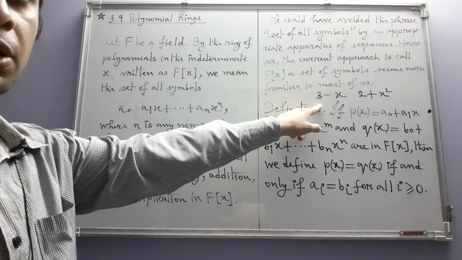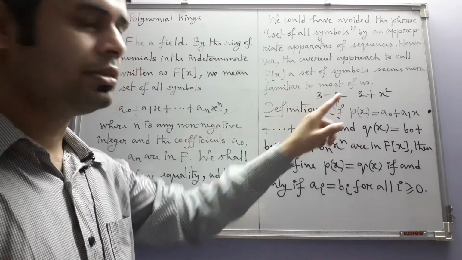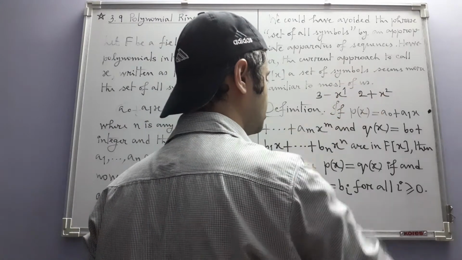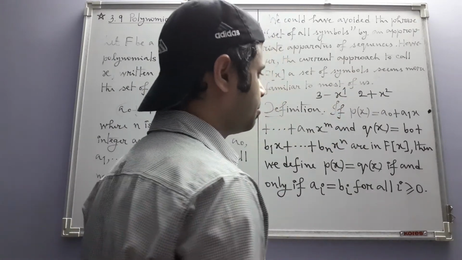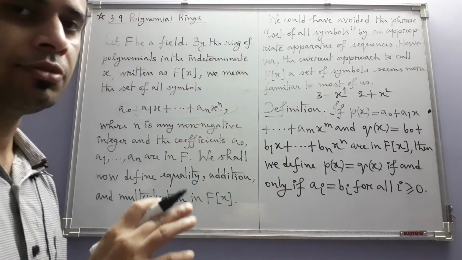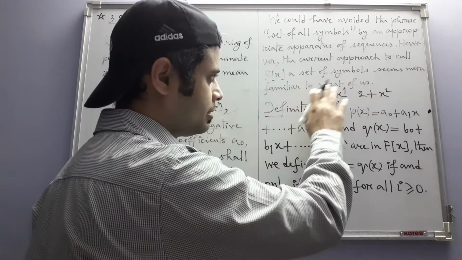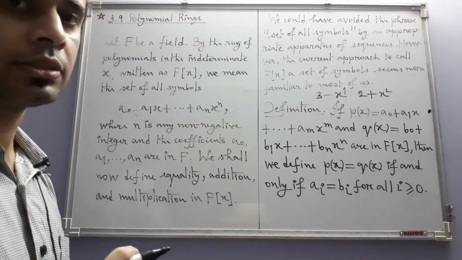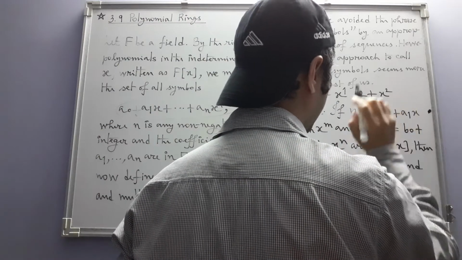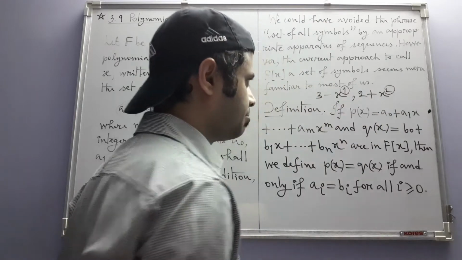In the first polynomial, the m is 1 because this is x to the power 1. That is the largest exponent. Here in the second one, n is 2. Here this is the largest exponent appearing.